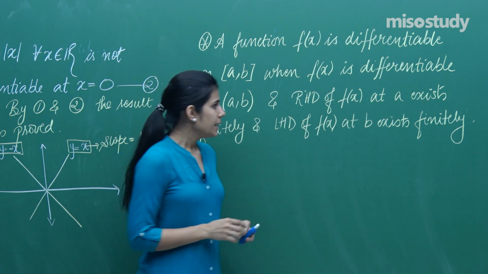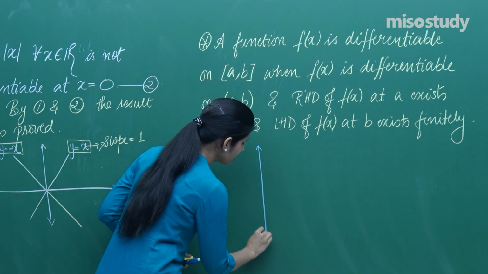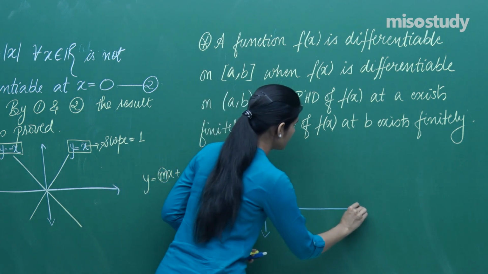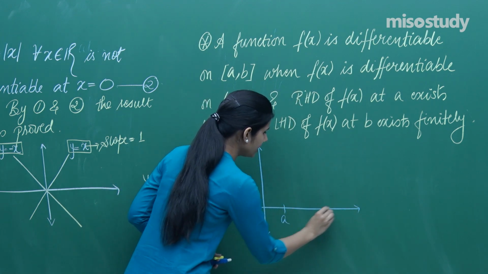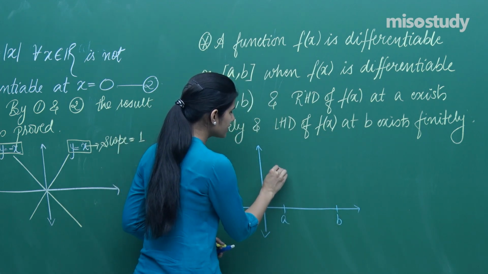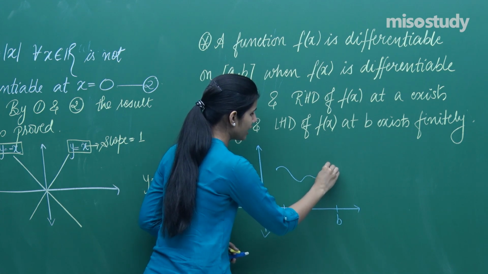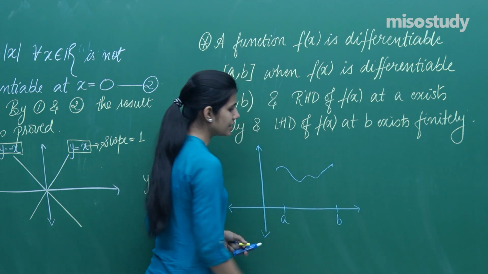These two things. That means if I am talking about closed interval [a, b], suppose this is a, suppose this is b. Corresponding to this point is, suppose this is some function's position, and here you have this as f(b).